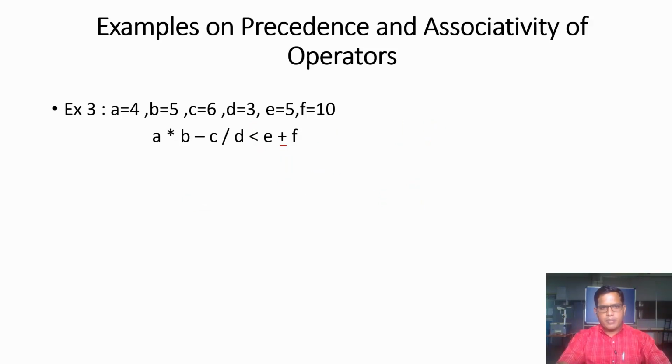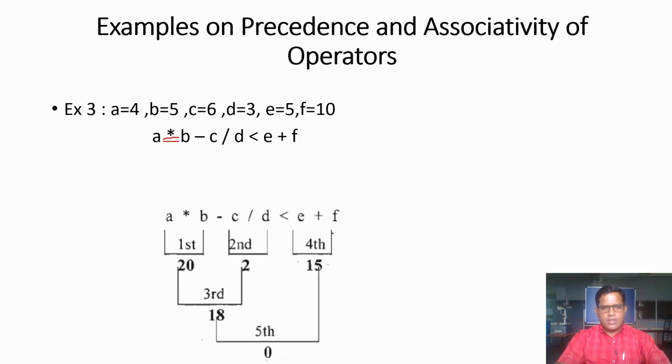As per the precedence assigned here, the top priority is first given to A multiplied with B. So first A multiplied with B is executed. Secondly, C divided by D, and this result is subtracted from the multiplication result. So first multiply, second divide, and third this minus.